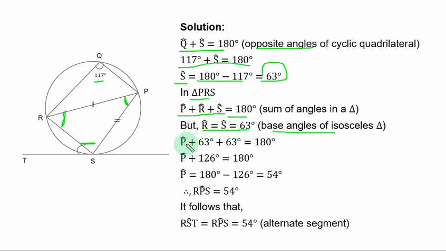If you add the three angles in triangle PRS, the sum is equal to 180 degrees. Angle P is equal to 54 degrees after transferring this to the right hand side and subtraction. So therefore, angle RPS is equal to 54 degrees. It follows that angle RST, the required angle, is equal to angle RPS, and that is 54 degrees. Angles in alternate segments.